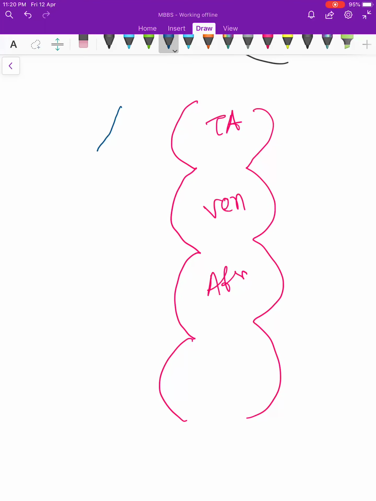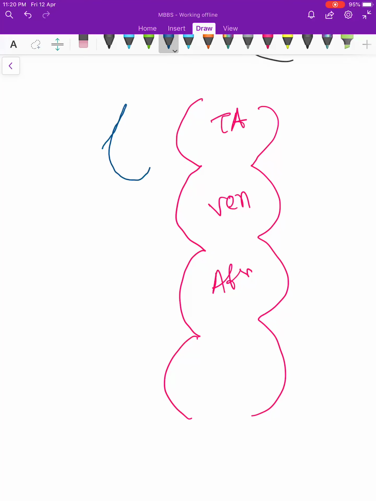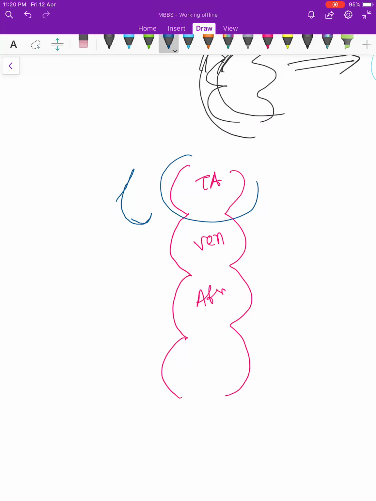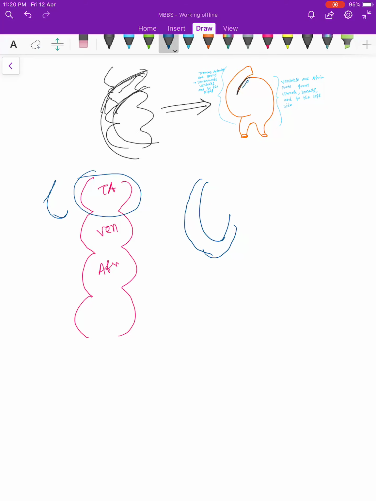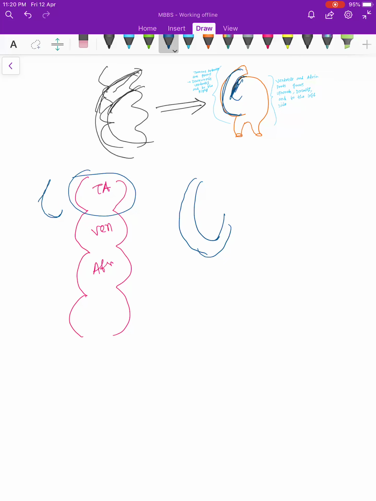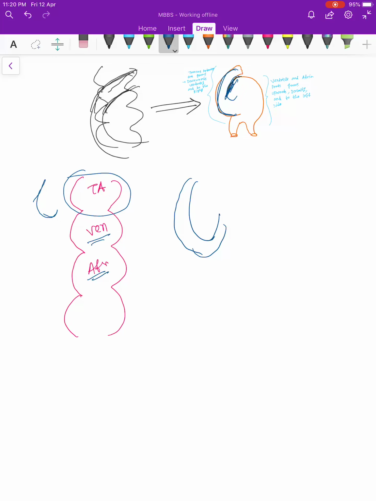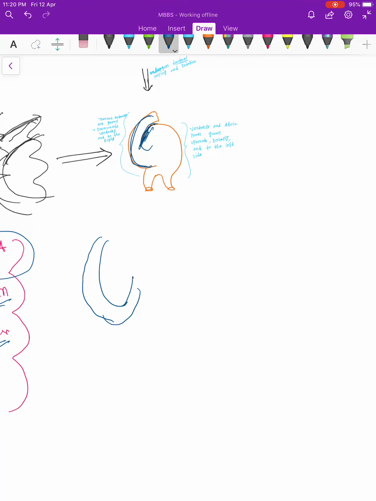So this portion will look like downwards, ventrally and to the right side. And ventricle and atria will grow upwards, dorsally and to the left, like this.